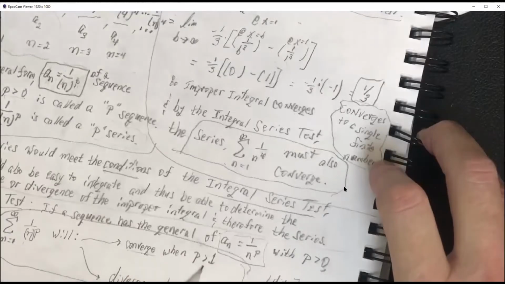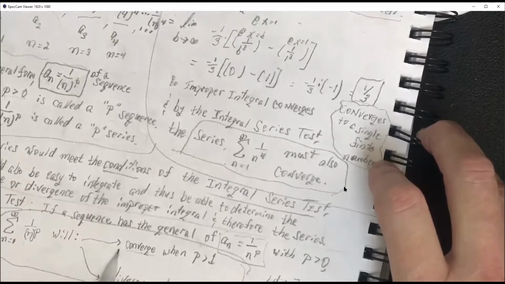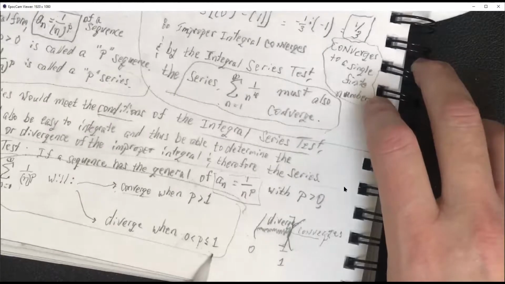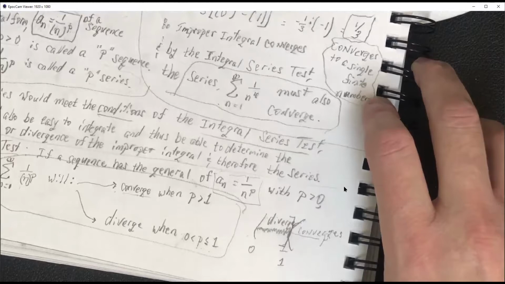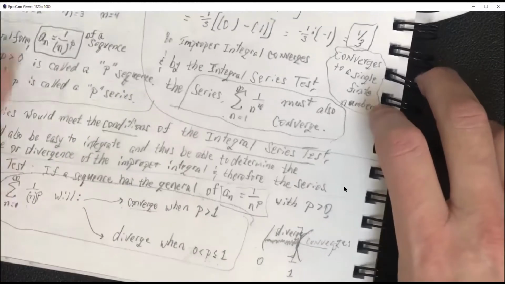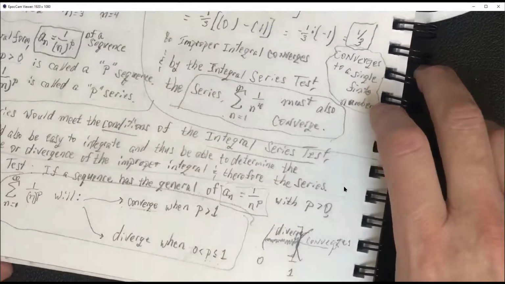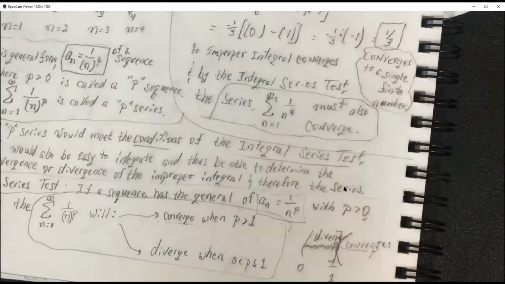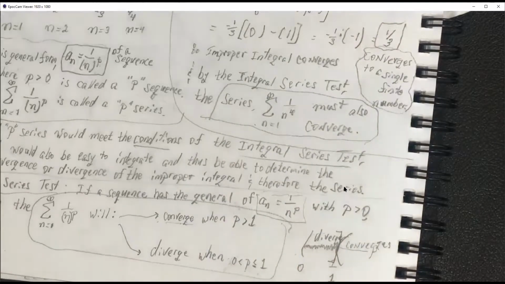If the power is greater than 1, then the series converges and you're done in 15 seconds. If it's between 0 and 1, including P equal to 1, then the series diverges. That's incredibly simple, you just look at the power. Done.